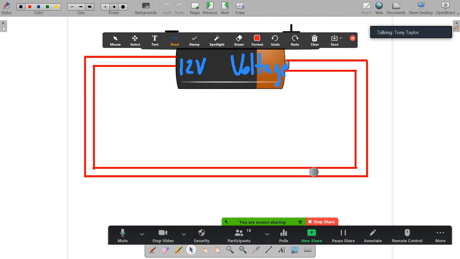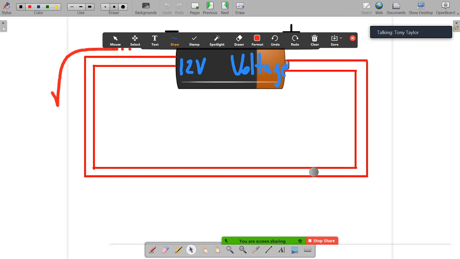What about current? Okay. So, well, current just means the rate of charge flow. So basically, current refers to the amount of electrons flowing in the circuit in any given unit of time. So current just refers to the rate of charge flow.